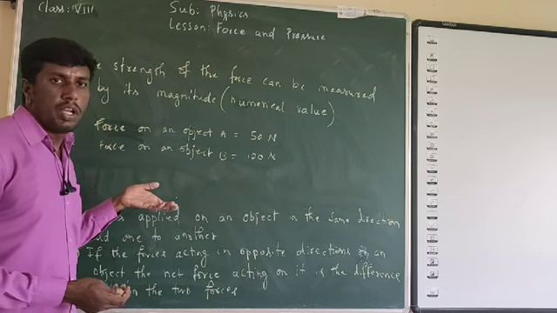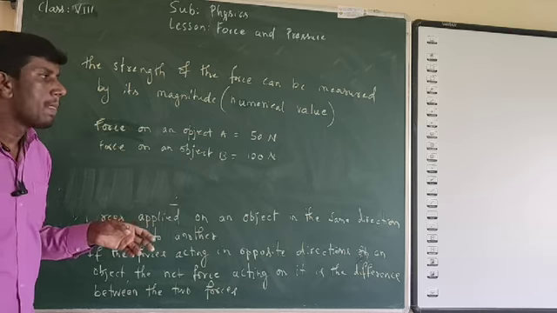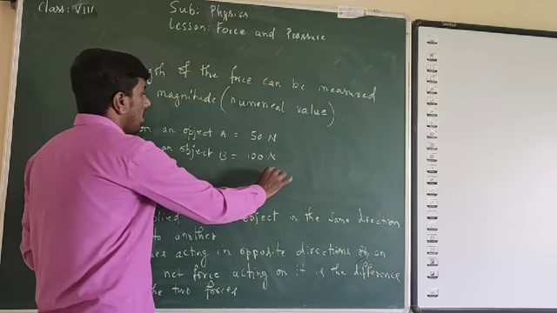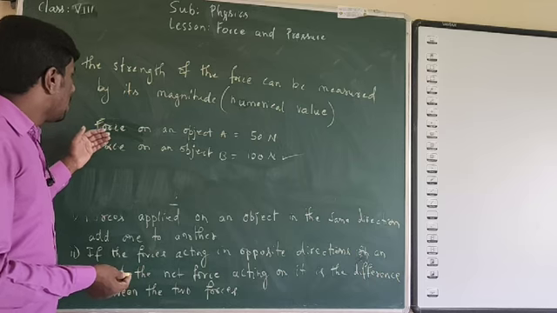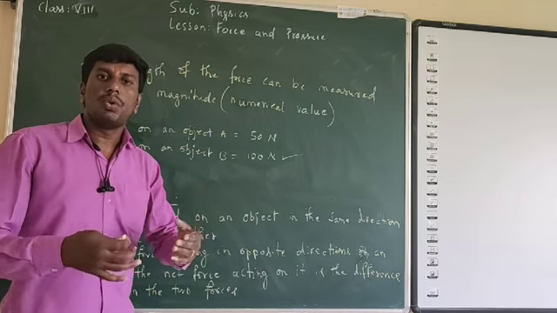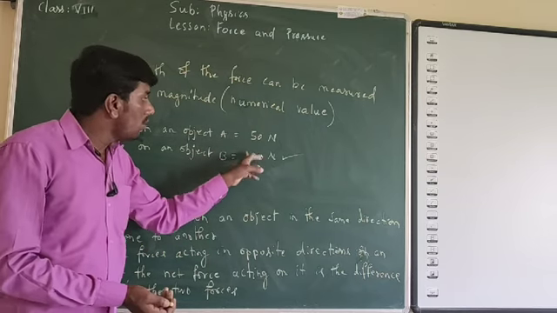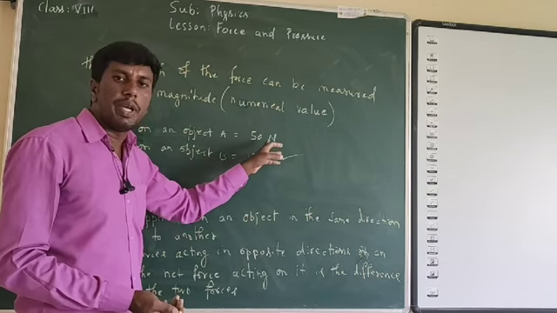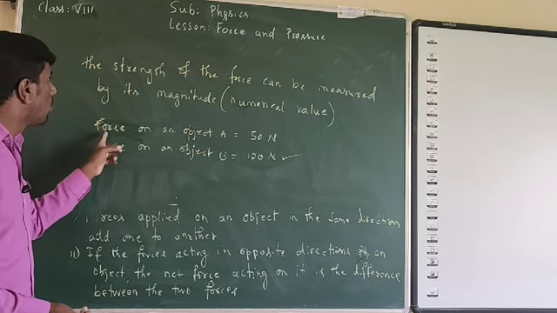Now, which force is strong and which force is weak? Obviously, the force applied on object B is strong, right? The force applied on object A is weak. So we will come to know which is weak and which is strong by knowing the numerical value, the magnitude of the physical quantity.